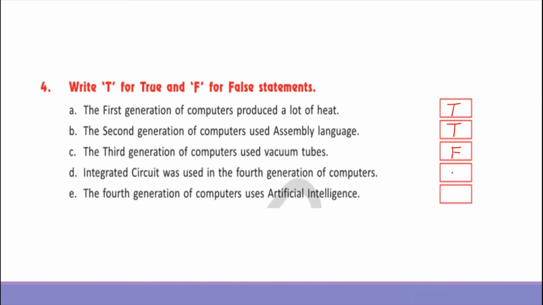So write here false. F for false. E. The fourth generation of computers uses artificial intelligence. No, again it is an incorrect statement. So write here false. F for false. With this, we have completed true and false.